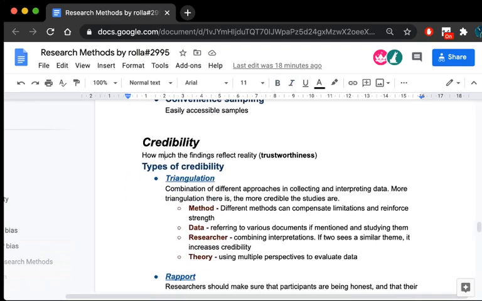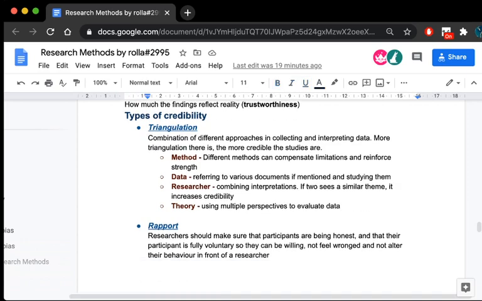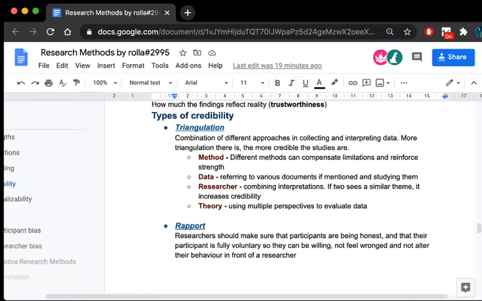Next up, we have generalizability, which is how much the findings can reflect reality, or how trustworthy the studies are. Because, yeah, it's a subjective thing. So you have to consider the triangulation of the study. So triangulation is basically a combination of different approaches in getting and interpreting the data.